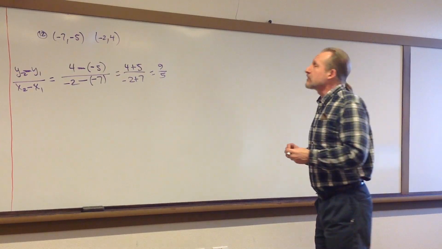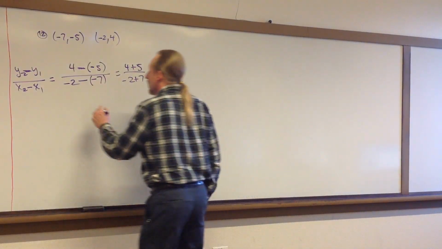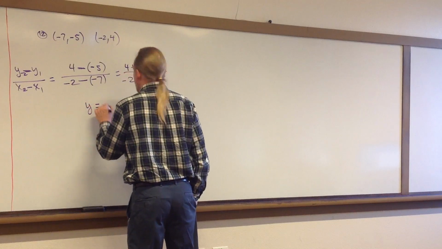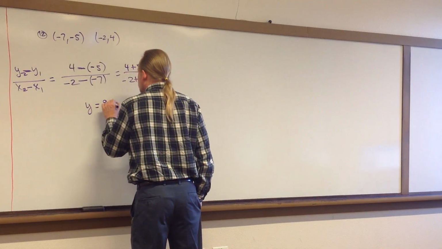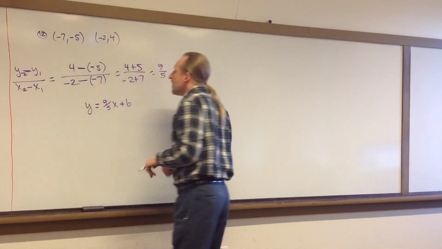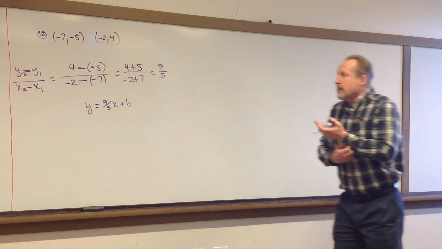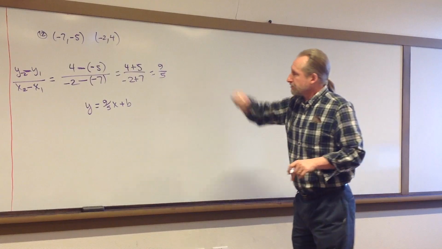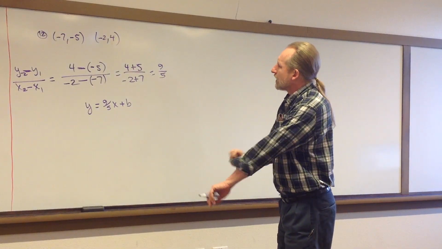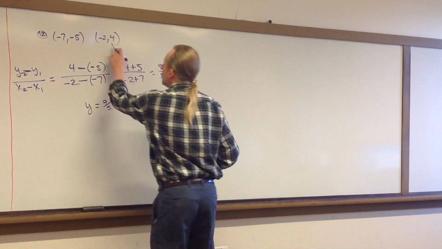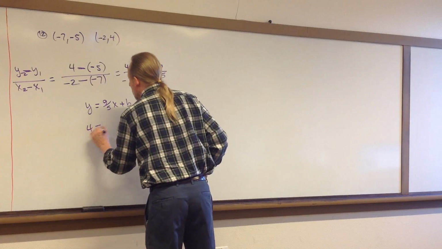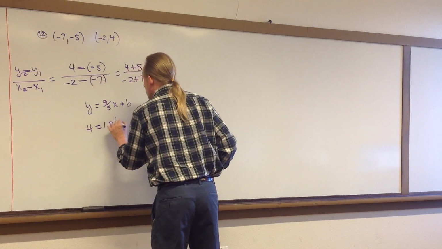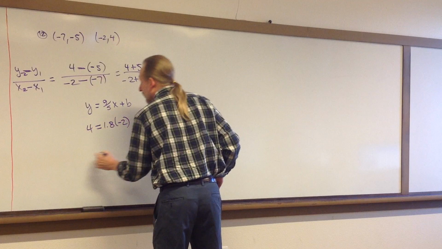Now we need to know what's the y-intercept. Well, our equation is going to be in the form y equals 9/5 x plus b. And if you wanted to call that 1.8, that's fine as well. And then we'll plug in one of these points here. Let's say I'll put in 4 for y, and then -2 for x.